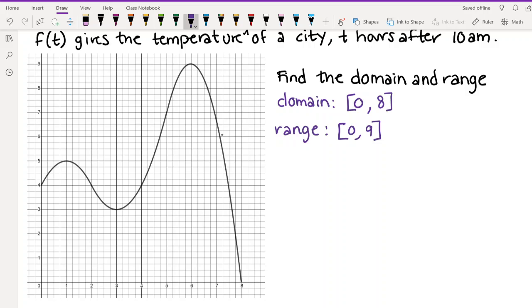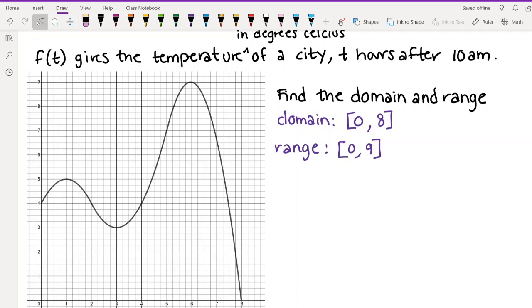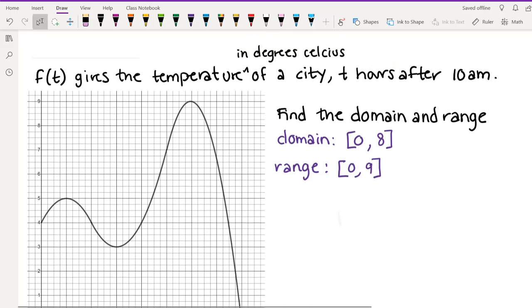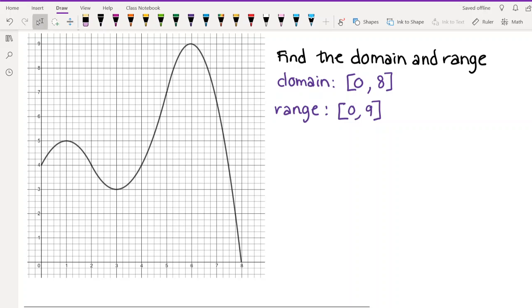Okay, so now let's think about what this tells us in terms of this word problem. The first thing we need to be aware of is what each of these axes represents. The function is supposed to tell us the temperature of a city t hours after 10 a.m. So that's telling us that the input variable t is time, right? f of t is the output, t is our input. And so we can label our horizontal axis with hours.